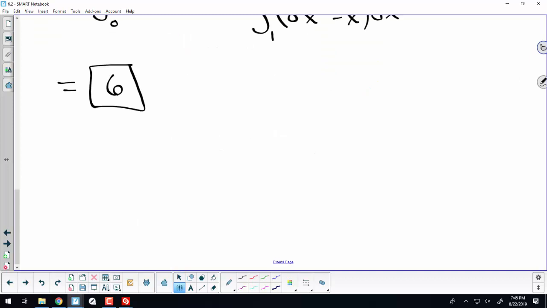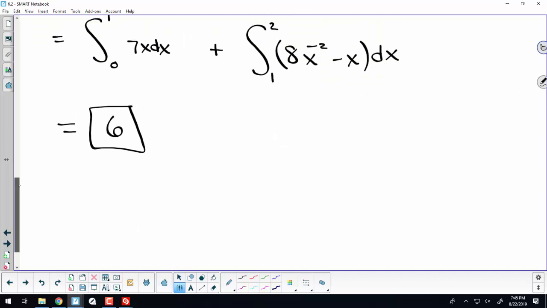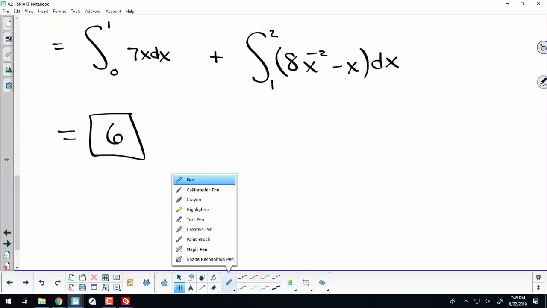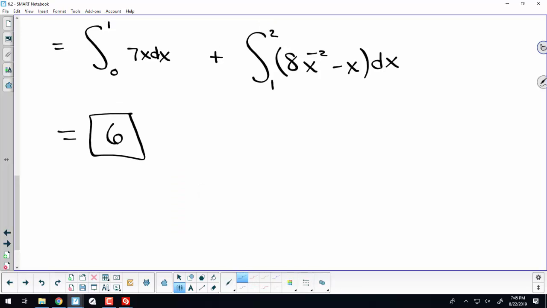Let's go ahead and look at this problem. We're going to find the antiderivative of 7x. We're just going to add 1 to the exponent and divide by the same exponent. We have 7/2 x squared, evaluated from 0 to 1. And then we have the 8x to the negative 2.